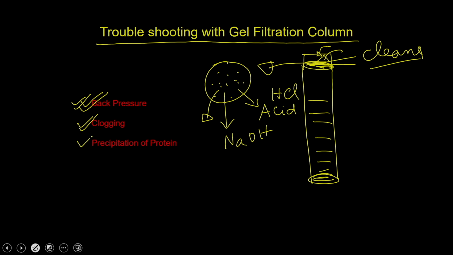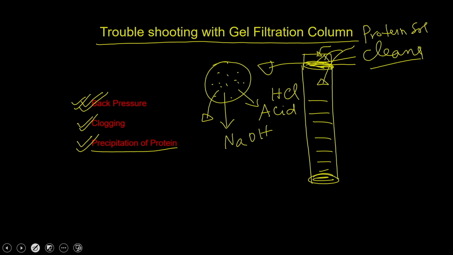The third problem is the precipitation of the protein. Sometimes when you load a protein, suppose you are doing some experiments and you do not know how the protein is going to behave when it goes to the gel filtration column. Suppose I loaded a protein solution, and as soon as it enters the gel filtration, because one of the things which happens in the gel filtration is that it dilutes the protein solution.